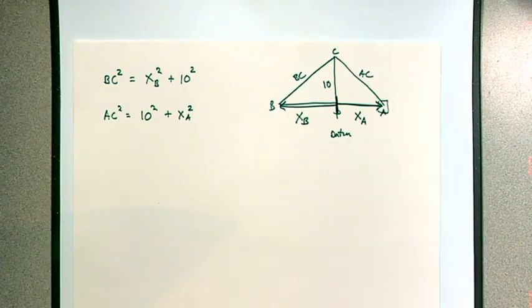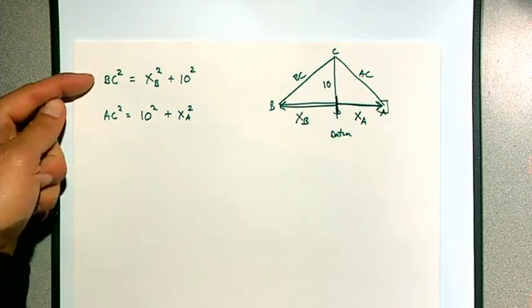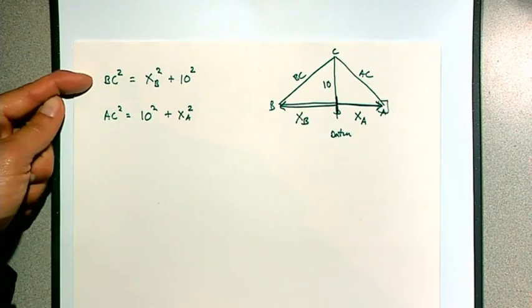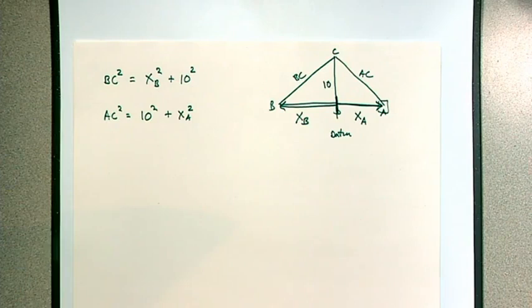How is XA moving? The relationship I have relates to their velocities. Hey, let's take their time derivatives to get from lengths or positions to velocities.